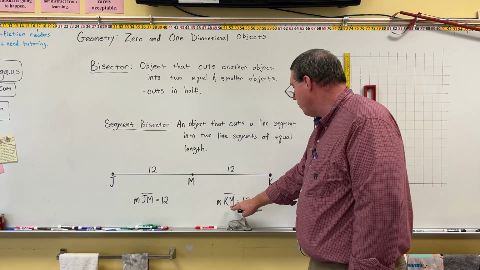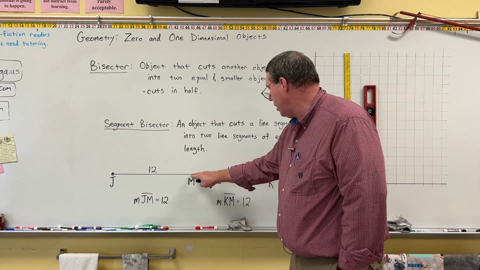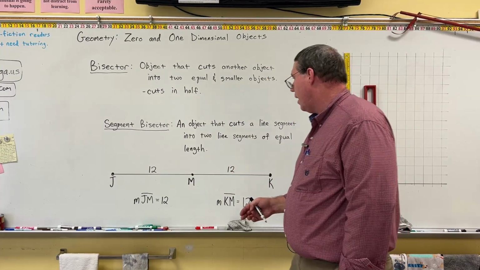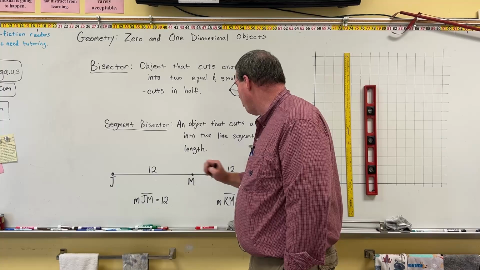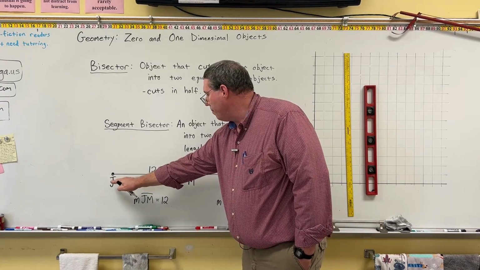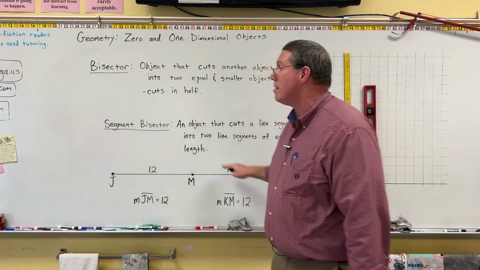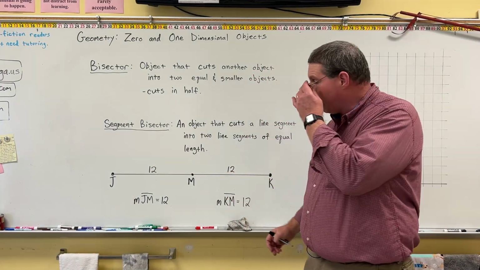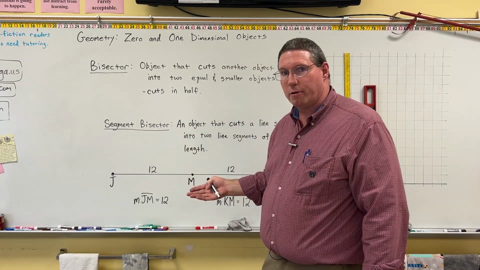The measure of line segment KM, that's the distance from here to here, is also 12. And so this distance is 12, and this distance is 12. So that means point M is cutting the line segment JK into two equal pieces, two pieces of 12. And therefore, point M is a segment bisector, okay?